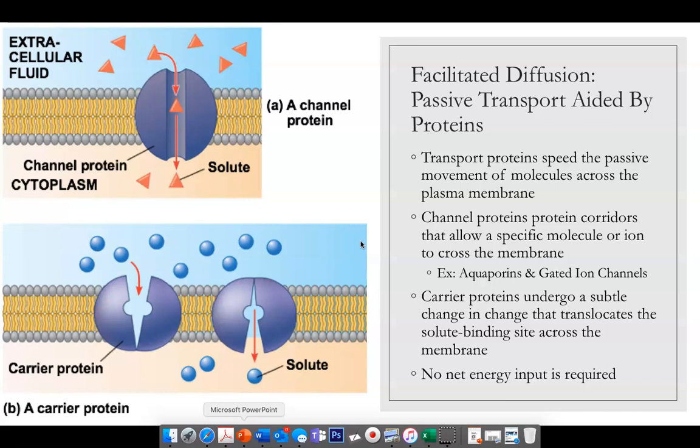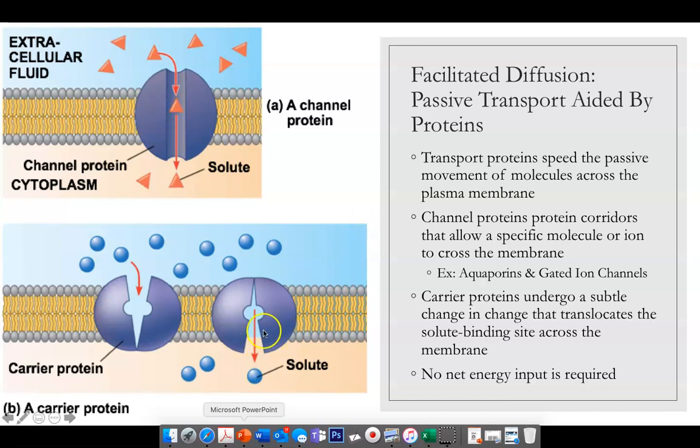But it's passive diffusion because there is no net energy requirement, and there is a movement of particles from an area of high concentration to an area of low concentration. Now, please remember that integral proteins can be used in both passive transport and active transport.